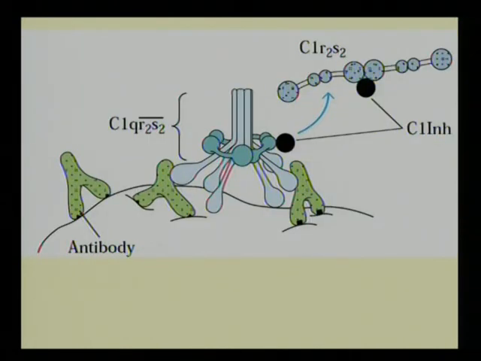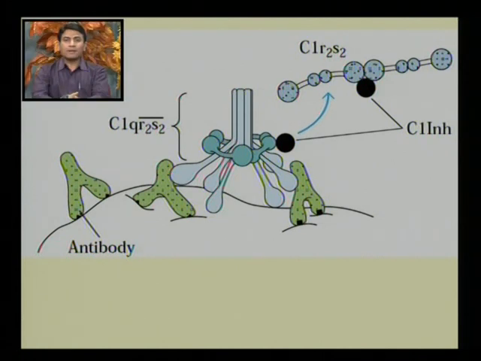Once it dissociates from C1q, as you can see over here, a specific black colored molecule, that is C1 inhibitor, C1INH, inhibits C1r2s2 and releases r2 and s2 from C1q, and ultimately activation of the complement system, especially cleavage of C4 and C2, is prevented, because for cleavage of C4 and C2 the activity of C1s2 is crucial.